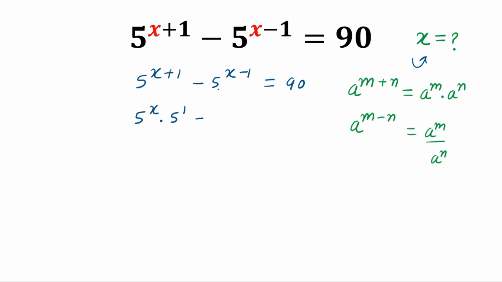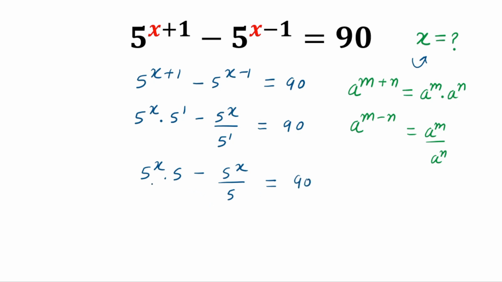Here this 5 behaves like a, this x is m, and this 1 is n, so we can write this expression as 5 power x over 5 power 1, which is equal to 90. And we know that 5 power 1 is equal to 5. So here 5 power x times 5 minus 5 power x over 5 is equal to 90.